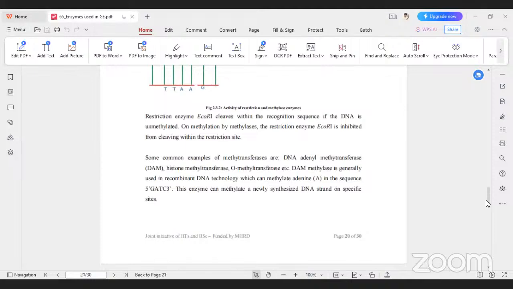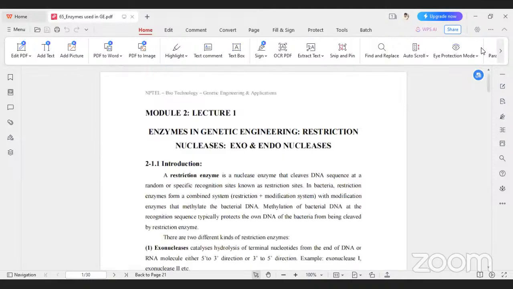First, let's discuss restriction endonucleases. They are mainly used in the genetic engineering process.